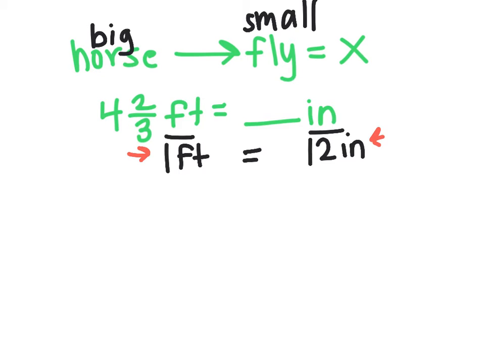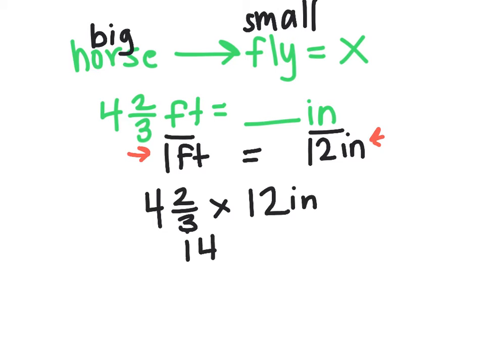So I'm going to take 4 and 2/3 feet, and I'm going to multiply that by 12 inches, or what the conversion is. But I don't want to multiply as a mixed number. I want to multiply as an improper fraction. So I'm going to say 3 times 4 is 12, plus 2 is 14. So we get 14/3 multiplied by 12.